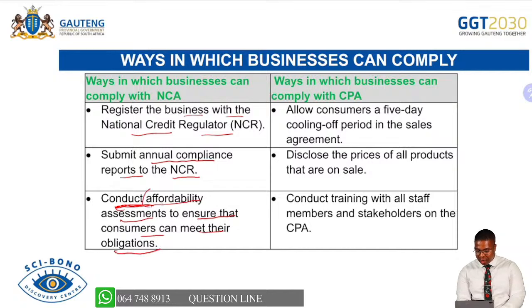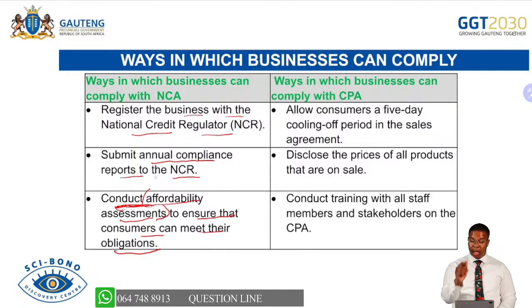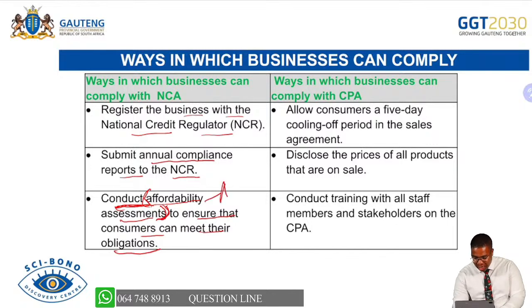These affordability assessments are a key way to say that before credit is given, the business should assess, check and evaluate if this consumer is going to be able to pay their debt, or pay for whatever product they buy on credit, before the product or the loan is given to the customer. So they should do what we call affordability assessments. This is done to check if the customer can afford.